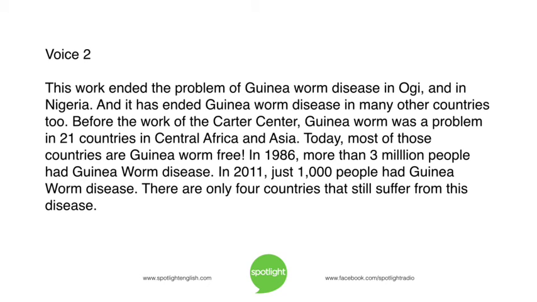In 1986, more than 3 million people had guinea worm disease. In 2011, just 1,000 people had guinea worm disease. There are only 4 countries that still suffer from this disease.